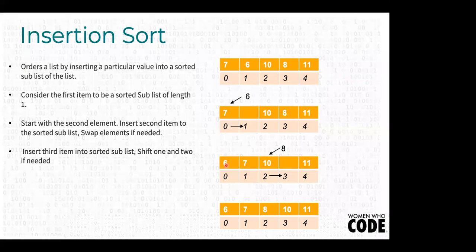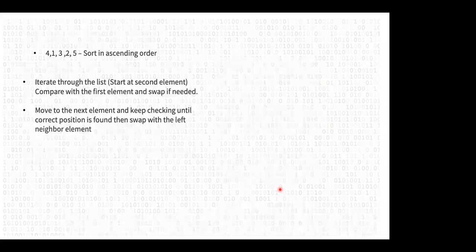And you move to the previous position. 6, compare that with 8, and it's at the correct position because 6 is less than 8. So we keep doing that until the end of the array, and shift elements as needed. Let's look at the code, and we'll run over one example.